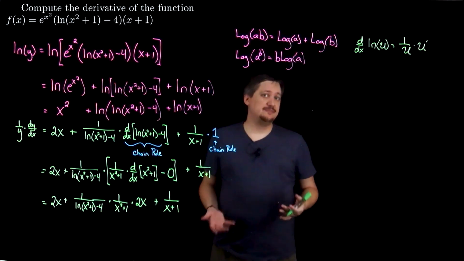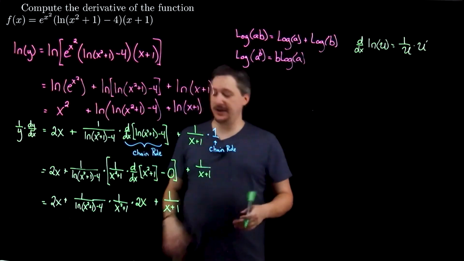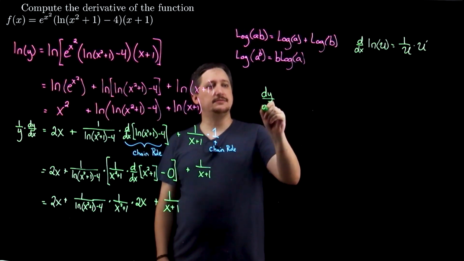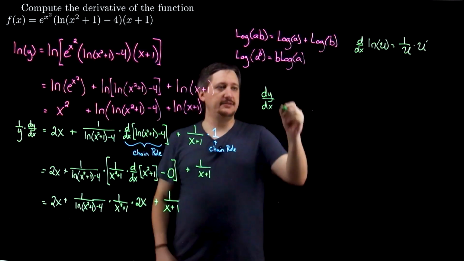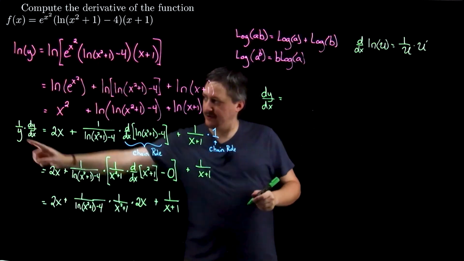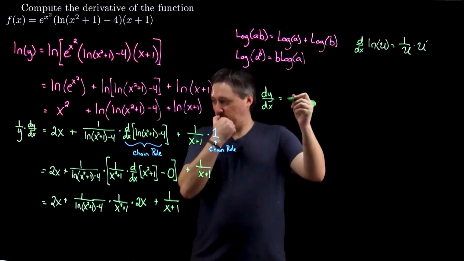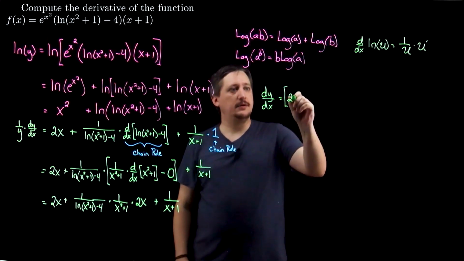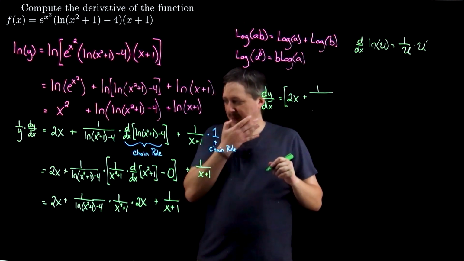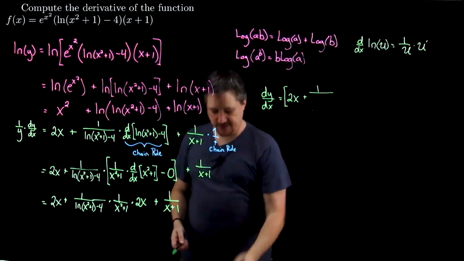So this is my derivative step. But again, I'm not done, right? Because I'm doing implicit differentiation, so in particular I need to isolate my dy dx. So my dy dx then is this side, right? Because I'm basically going to multiply by y to get it over on this side. So I'm going to have 2x plus 1 over. I could put all these together, maybe I will in this case.